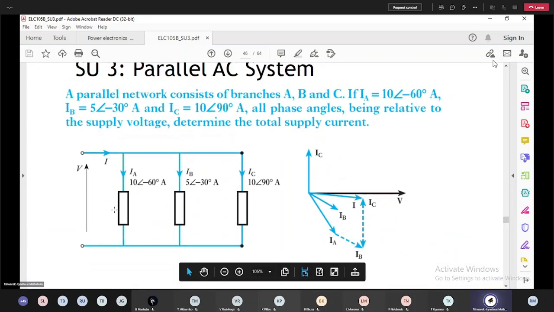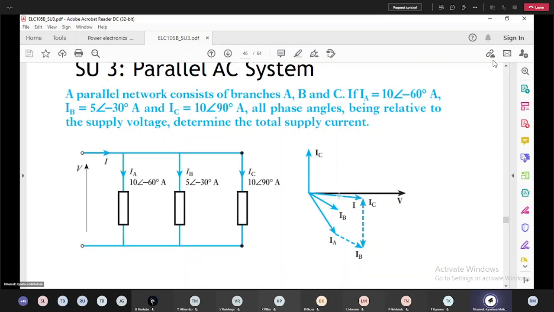So now you must be able to see here that you don't have R or X or what have you. You've got just a combination. So this will be Z, ZA, ZB, ZC, and so on, and they result in these currents. Now you can draw these currents in your phasor diagram. There's your voltage, there's your IC, there's your IB, there's your IA, and this would effectively be your total current there.